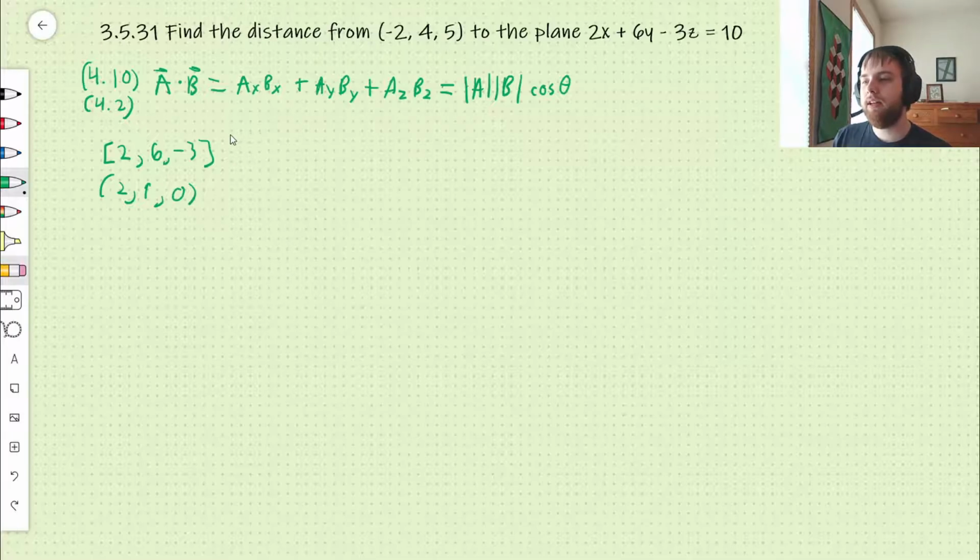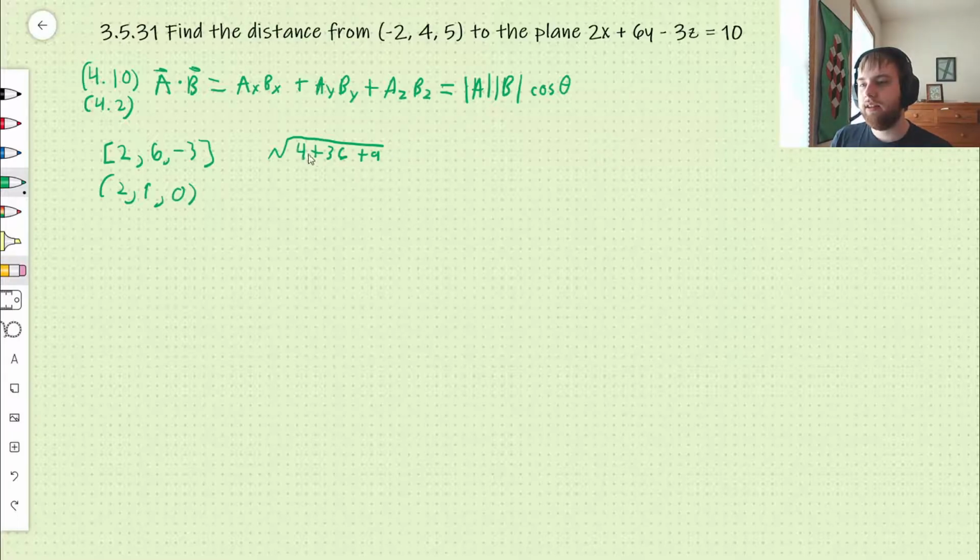The first thing that we need to do is turn this normal vector, the perpendicular vector, into a unit vector, which means it has length one. In order to do that, we need to find the actual length of this. The length is 2 squared is 4, 6 squared is 36, and -3 squared is 9.